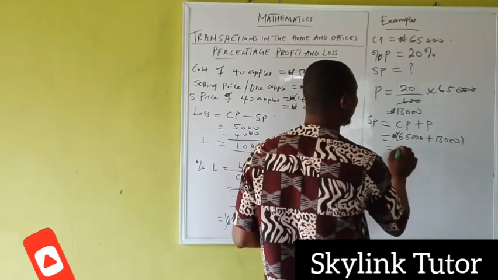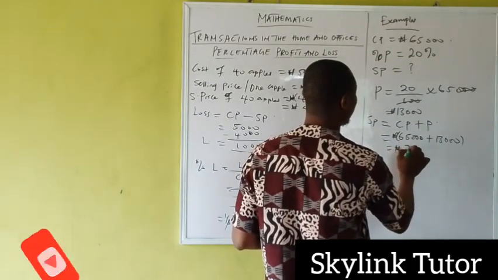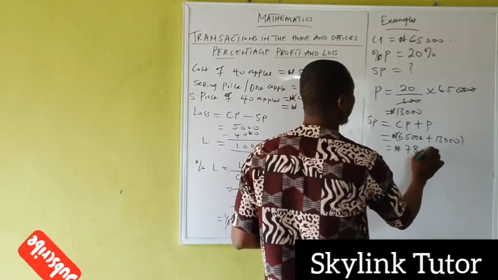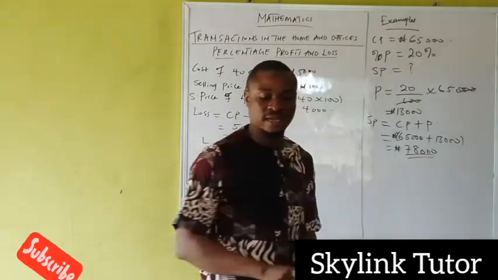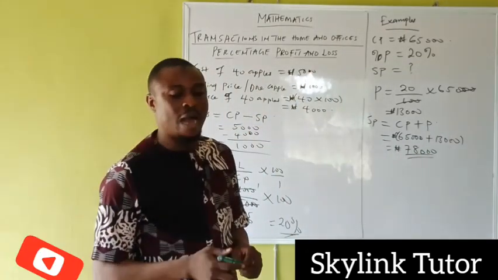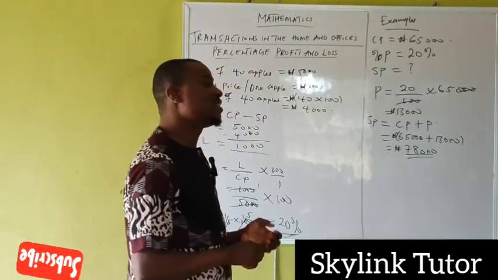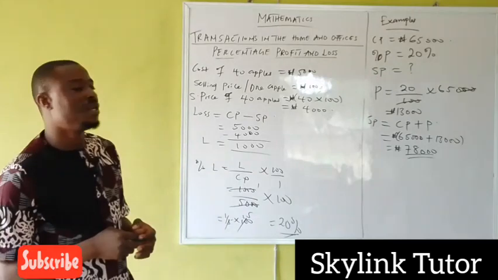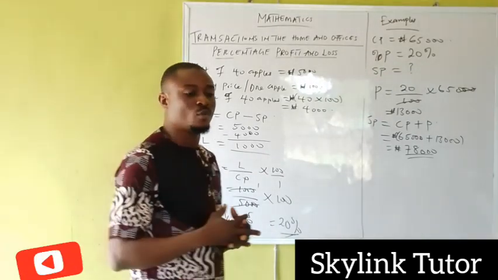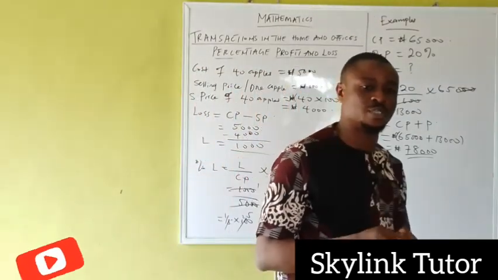This one is going to give us the sum of 78,000 naira. So our total selling price is 78,000 naira. I believe you all understood what I have tried to explain here.